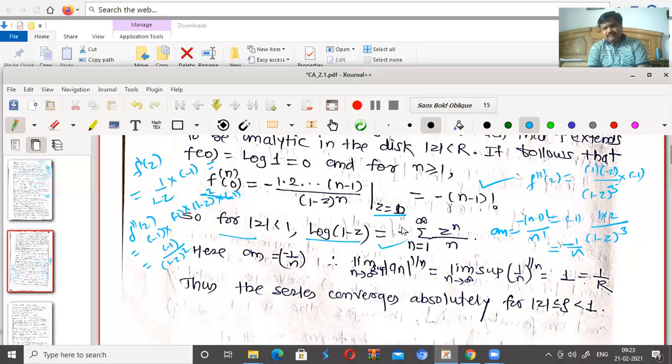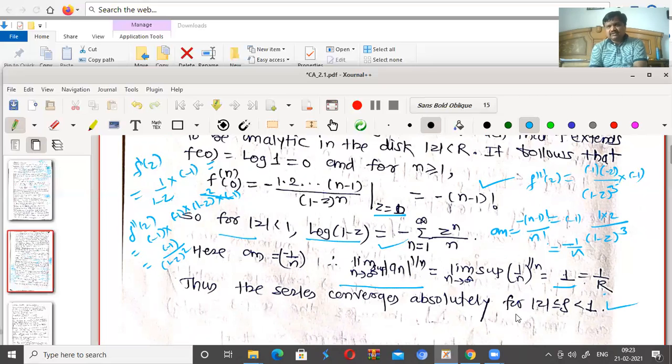You can find its radius of convergence also. Therefore, limit as n tends to infinity, supremum of |a_n| to the power 1 by n equals limit as n tends to infinity, supremum of mod of minus 1 by n to the power 1 by n, and this will give us 1, which is 1 by r. So r is 1. So the radius of convergence is 1.